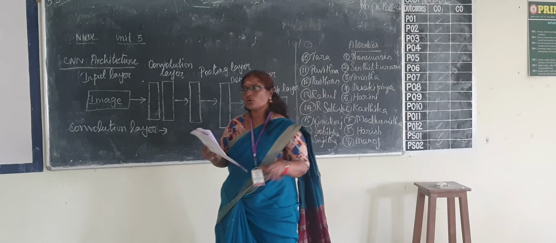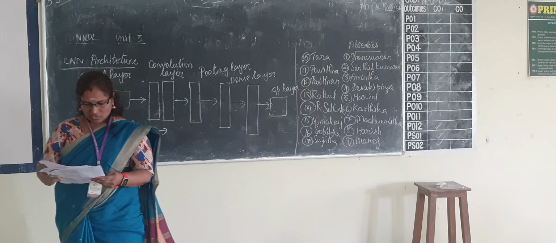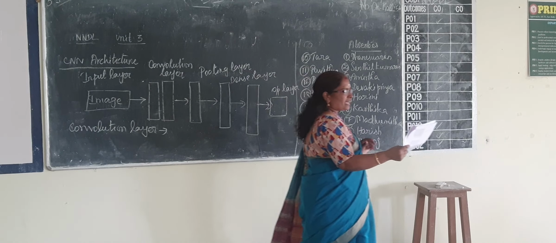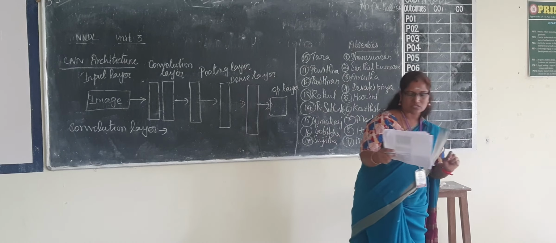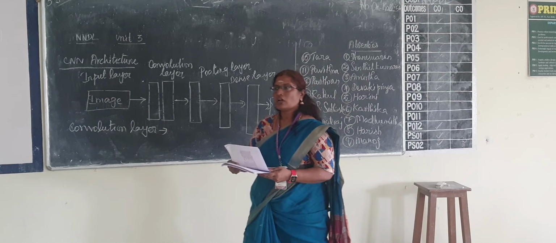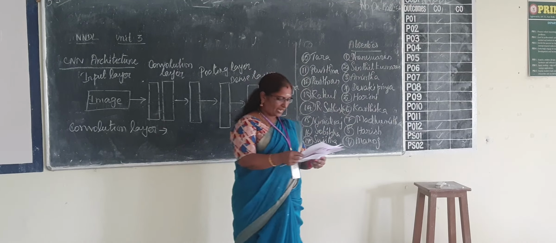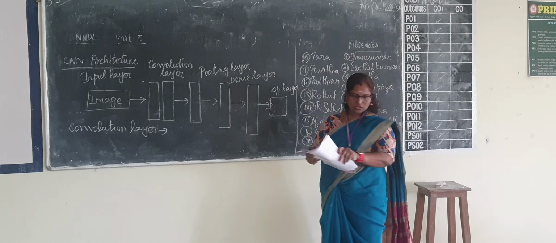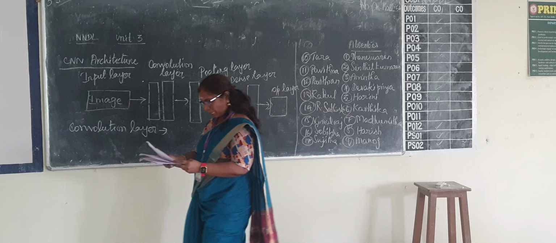So this is the overall CNN architecture. We will see everything in detail. Kindly make a note of this. The convolution layer applies filters to the input image to extract features.